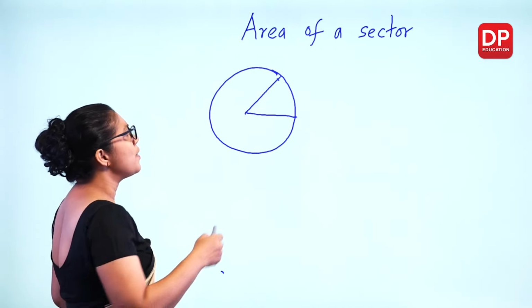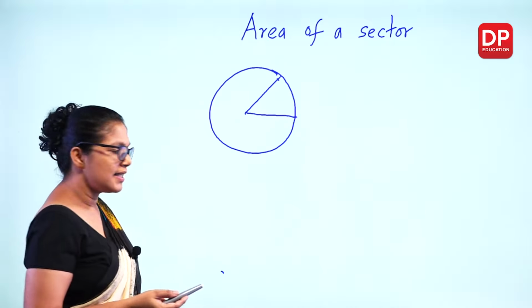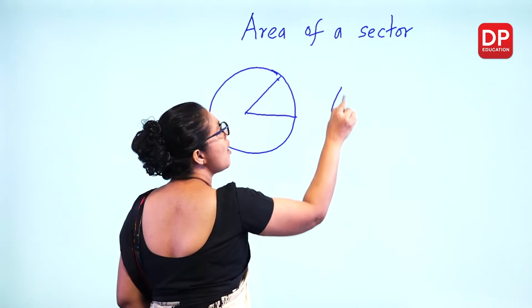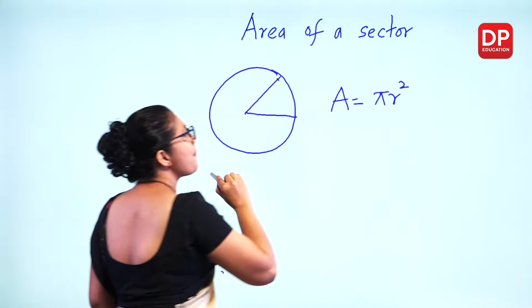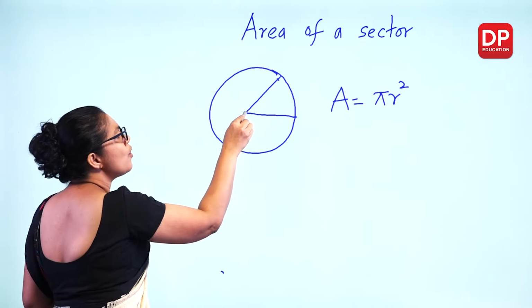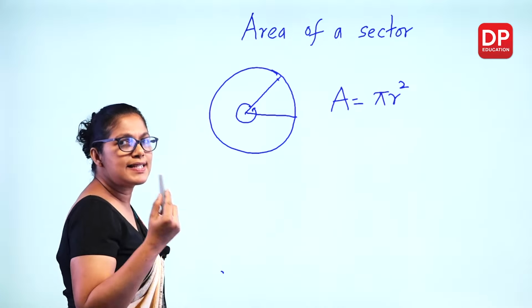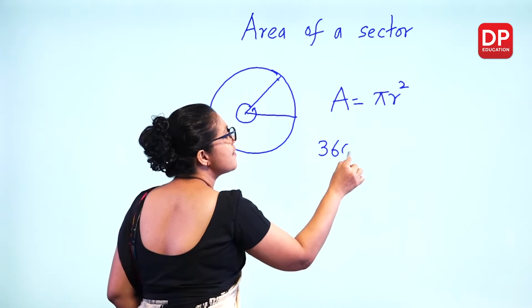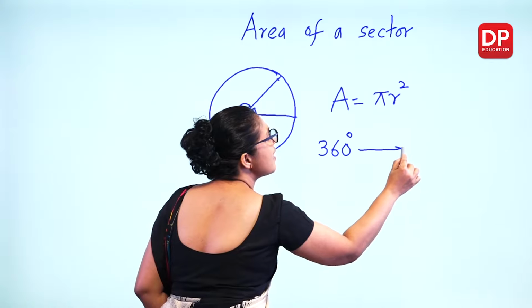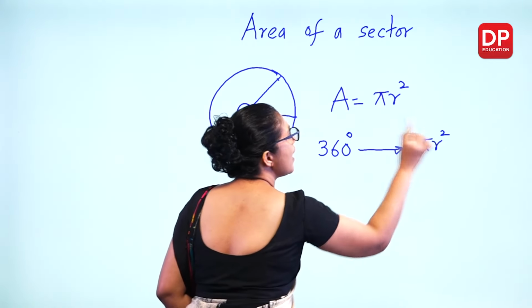So before that, we know if it's a circle, what's the area of a circle? So we know that area of a circle is pi r squared. So here we know what's the full angle around this point? 360 degrees. So here if it's 360 degrees, what's the area? It's pi r squared.